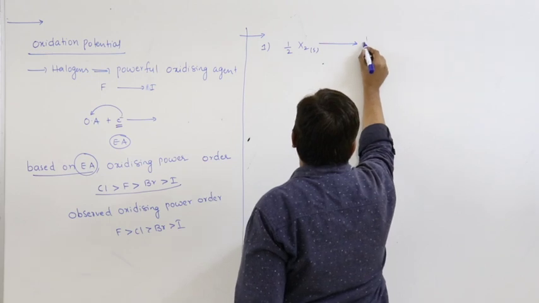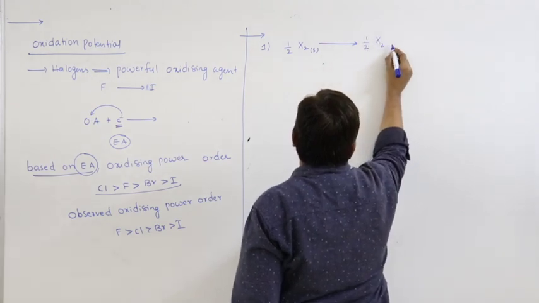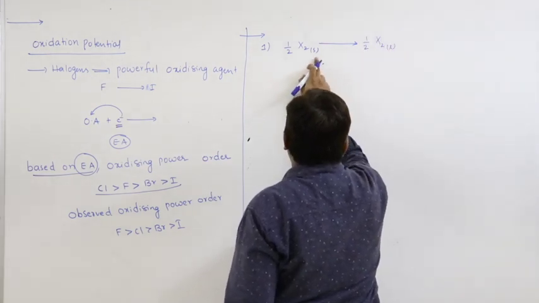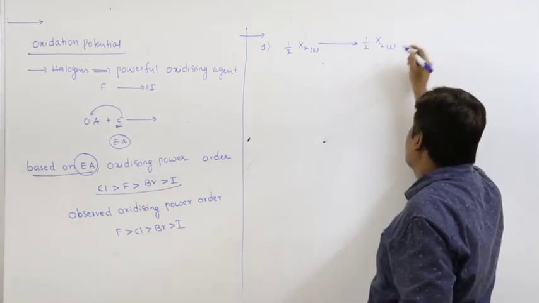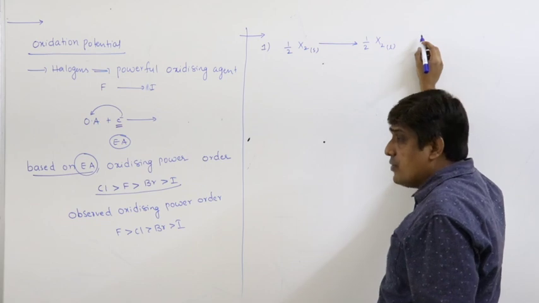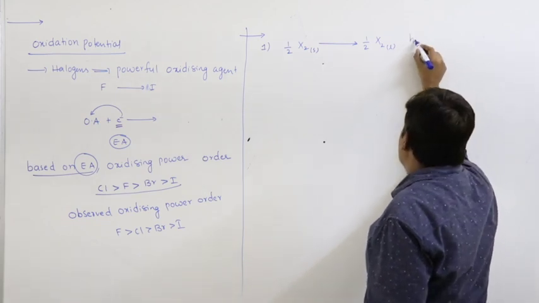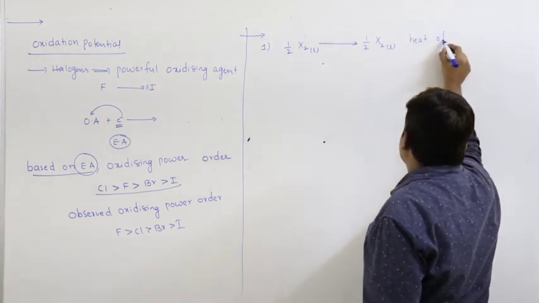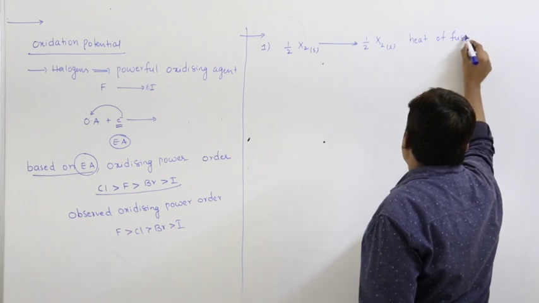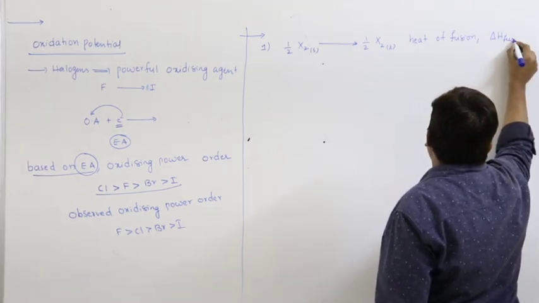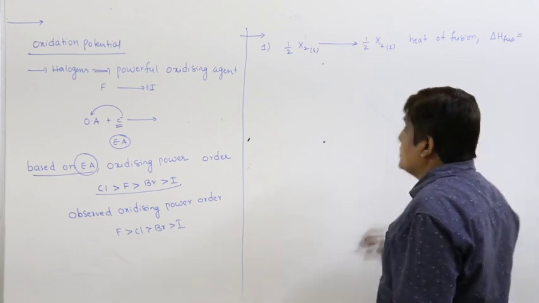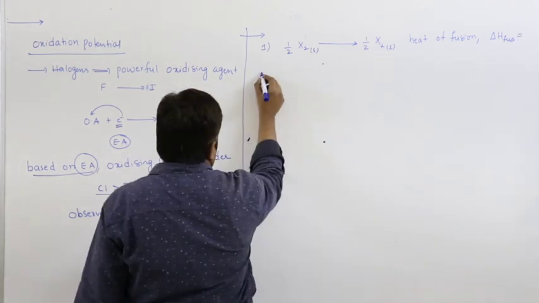X2 solid is first converted into X2 liquid. Conversion of solid to liquid is nothing but enthalpy of fusion, the heat of fusion. This is the first step that takes place.